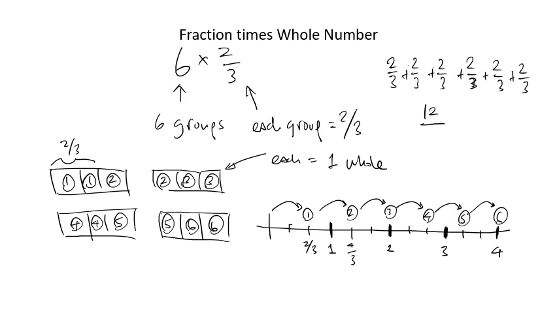Now, a lot of students are going to want to make this 12 over 18, but we've got to remind them that the denominator tells us the size of the piece, and when we're adding those pieces together, the size didn't change, so the denominator didn't change, so we get 12 over 3, which is 4.